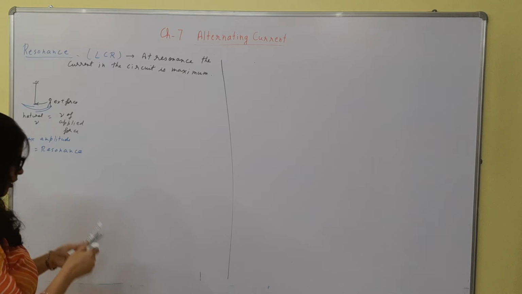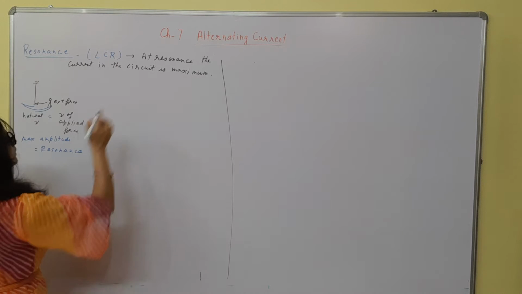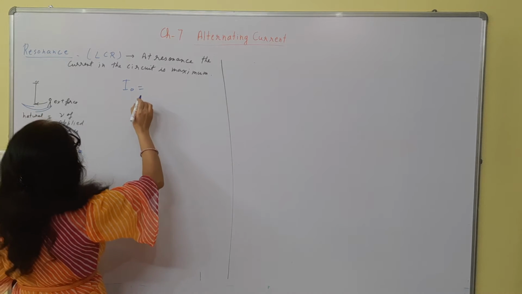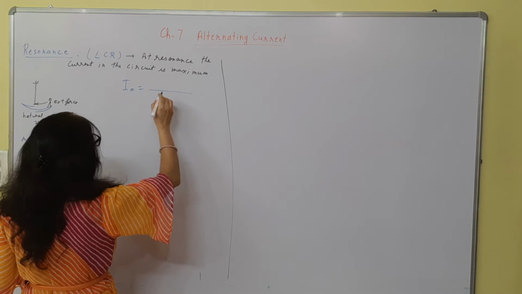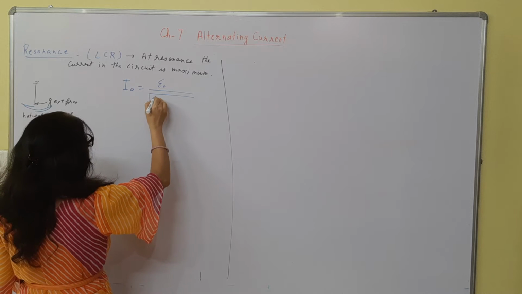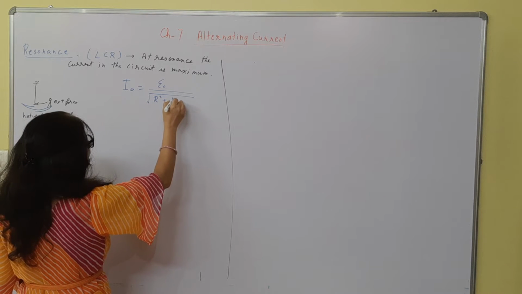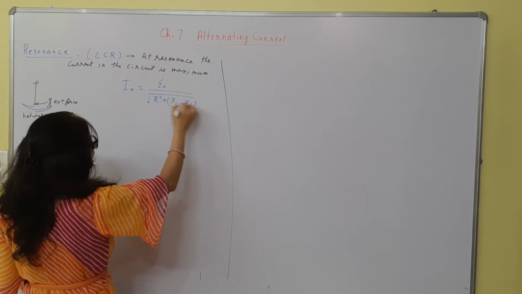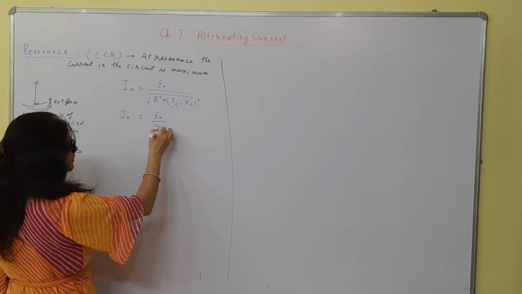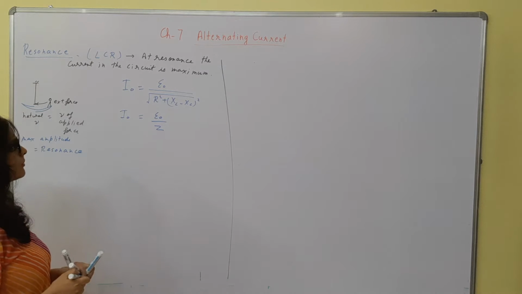So if you recall the formula for the current, this was this. We can write it like this also, where Z is the impedance, which is equal to this denominator.